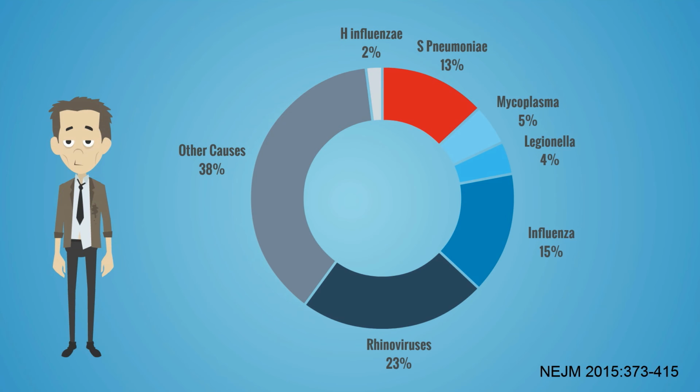Treatment of community-acquired pneumonia is empiric, based on epidemiology, unless culture or other testing data identifies a specific cause. Treatment for common causes of bacterial pneumonia and, when appropriate, influenza pneumonia is essential.